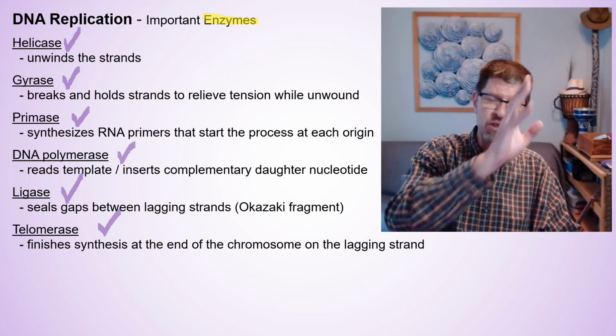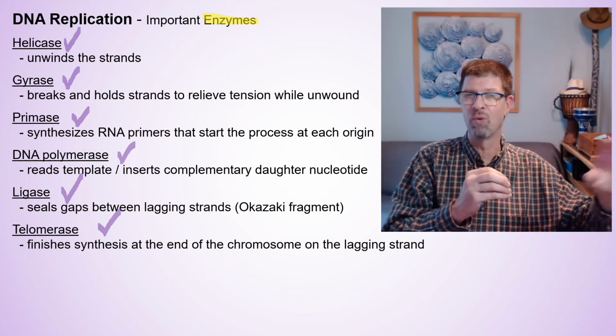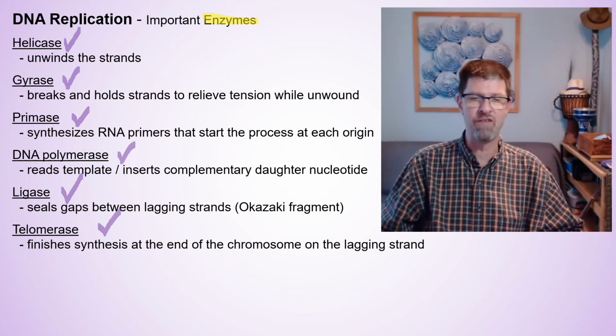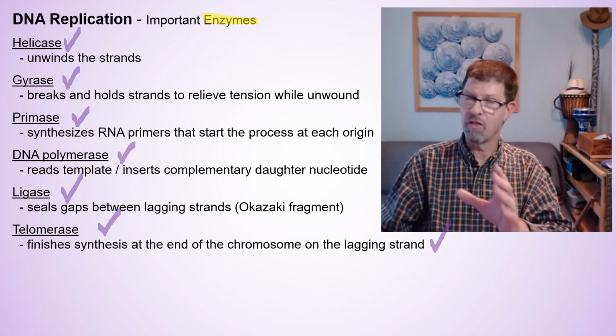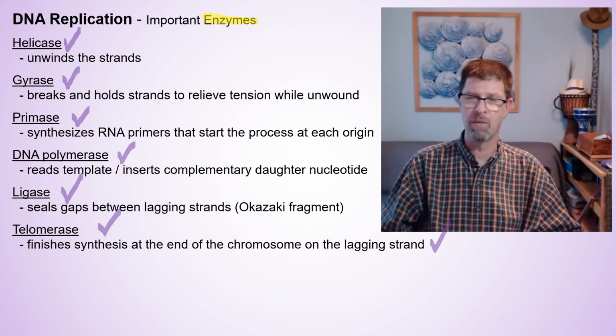And we have a special enzyme that allows us to add that little bit onto the end. It's only for that end piece. So it says that it finishes synthesis at the end of the chromosome on the lagging strand. Helicase, gyrase, primase, DNA polymerase, ligase, and telomerase.